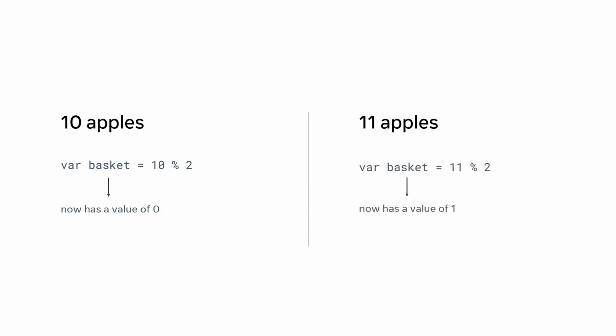If you take this example and create a variable called basket, you can say that basket is equal to 10 modulus 2. This will divide 10 into 2 and return a value of 0. This means that no apples remain. The basket is empty. Whereas if you divide 11 by 2, you will get a remainder of 1.